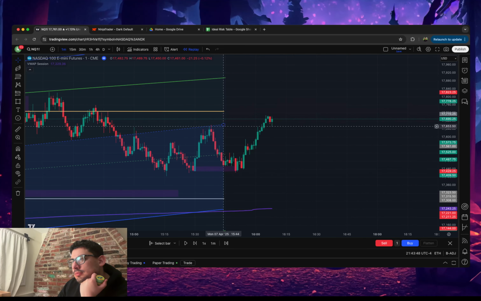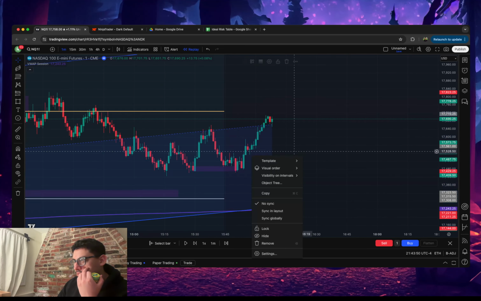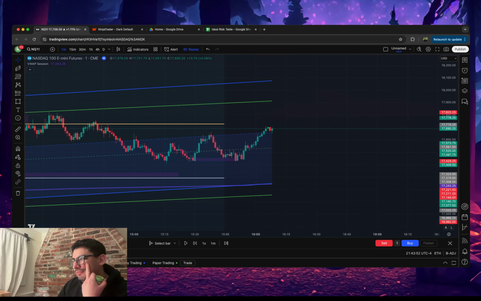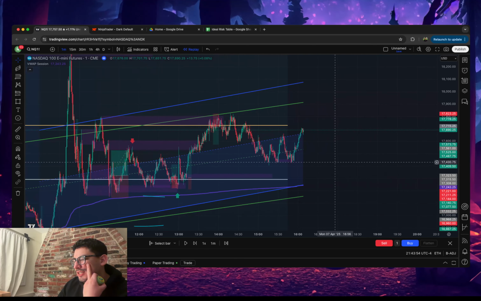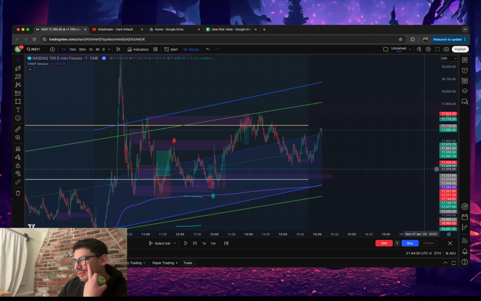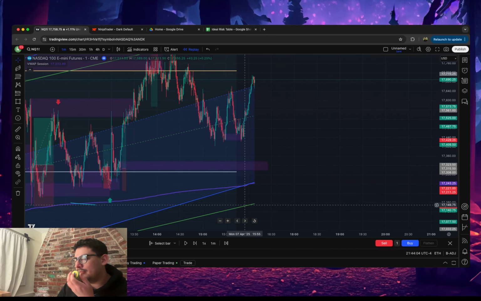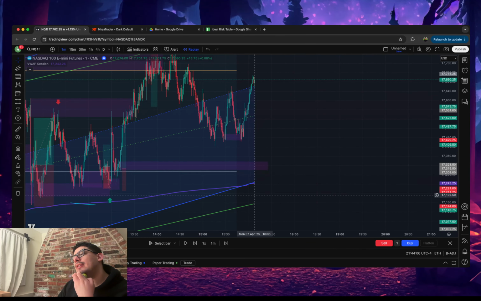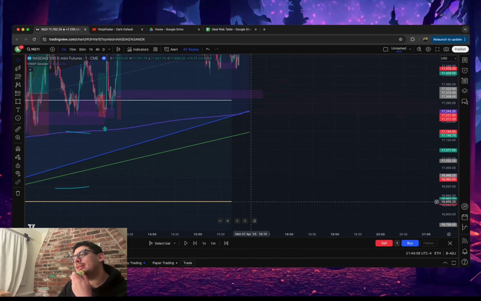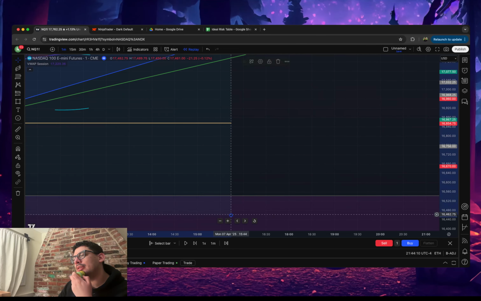The day's closed now, I just want to see what happens. We're still making higher lows and still breaking highs. But the bottom of the reg channels are down here, VWAP's down there, POC's down there.